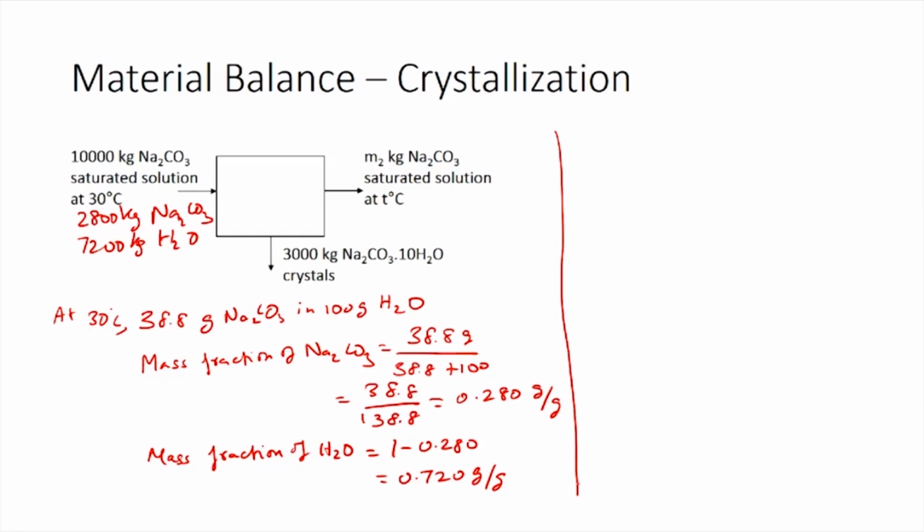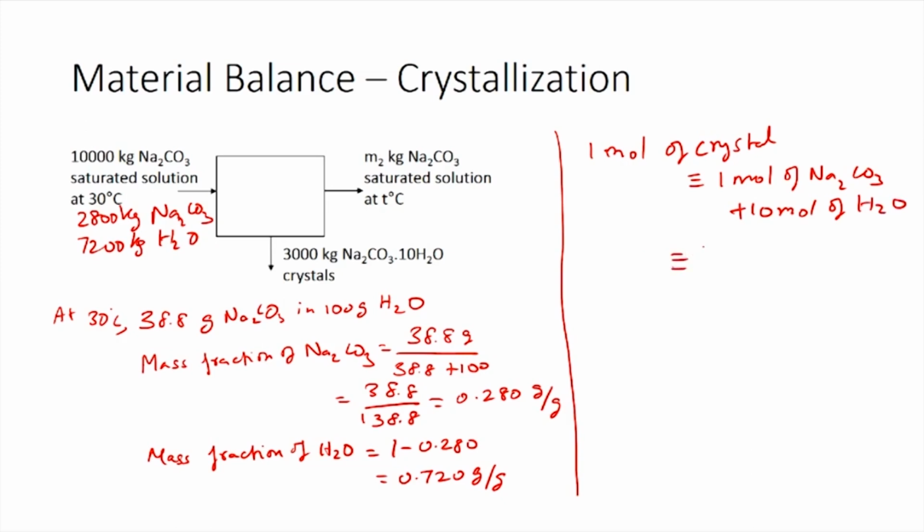So, 1 mole of crystal contains 1 mole of Na2CO3 and 10 moles of water, which is 106 grams of Na2CO3 and 180 grams of water.